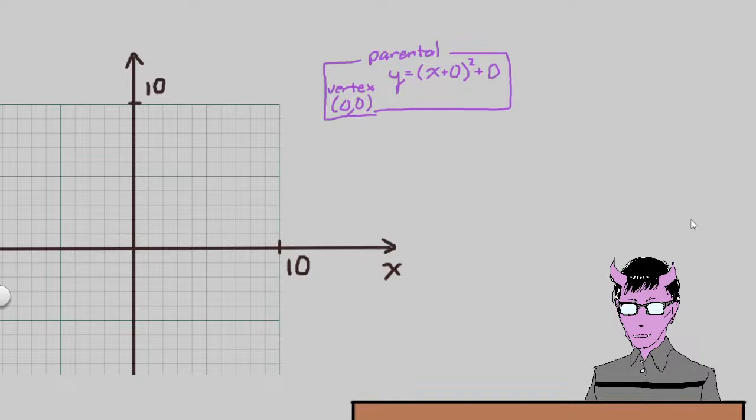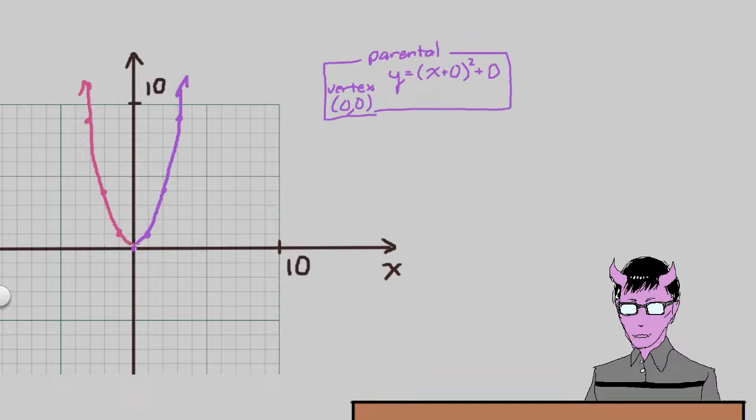Again, let me emphasize that. Let me clarify that just a little bit. So your parent function, let me graph it real quick. 0, 0, 1 to 1 movement, 2 to 4 movement, and then 3 to positive 9 movement. So I'm going to color this the positive input side. And then if you plug in the negative numbers, negative 1 to positive 1 movement, negative 2 to positive 4, negative 3 to positive 9.